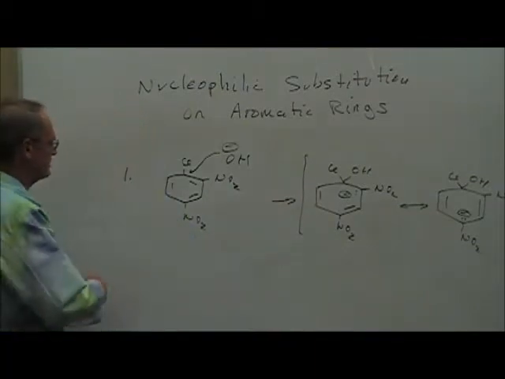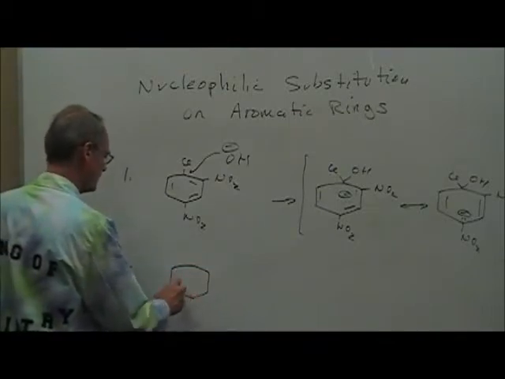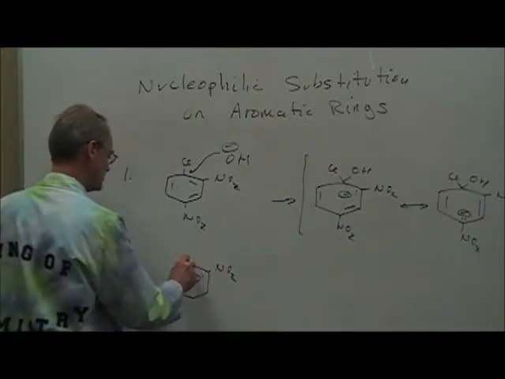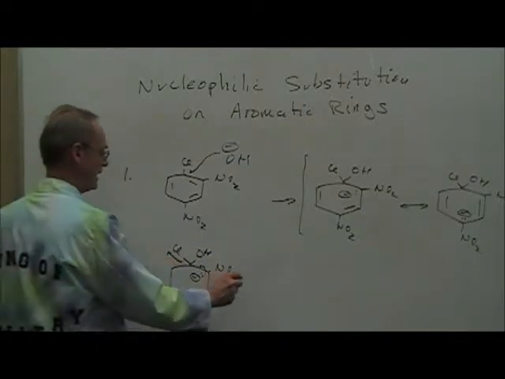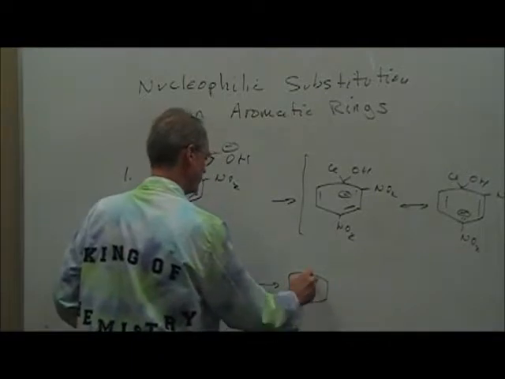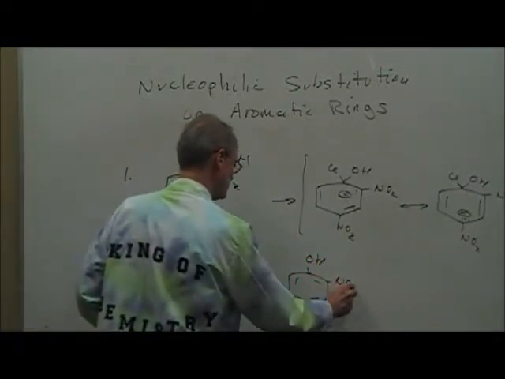Anyway, once that happens, then in the second step, it's quite easy to see that the negative carbon pair of electrons that you just made will just drop back in to reform that double bond and push the chlorine out. And we end up with the hydroxide on there and the two nitro groups on there.